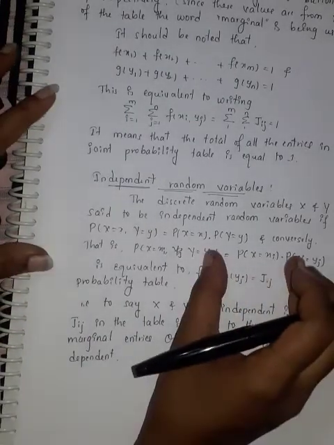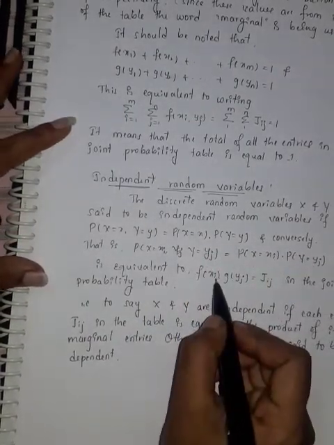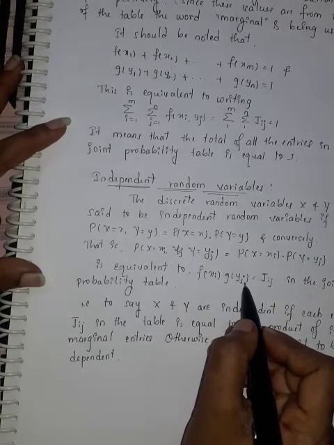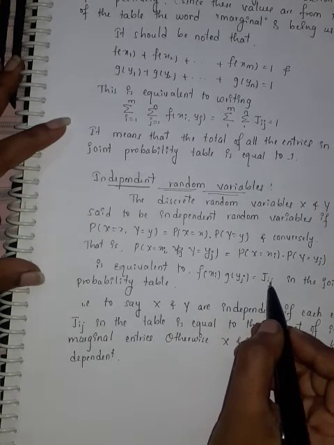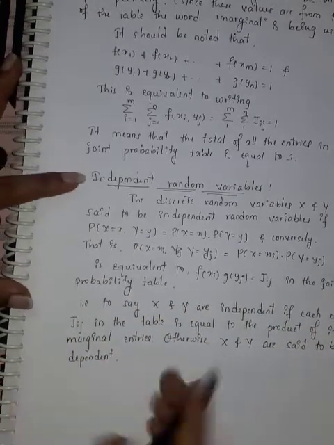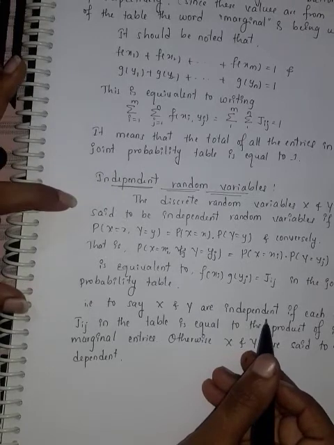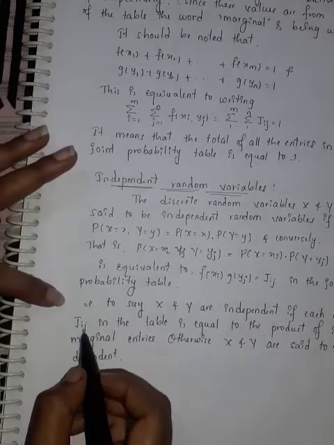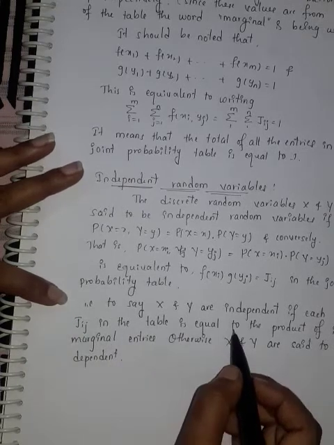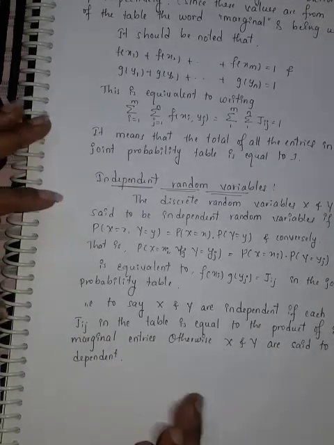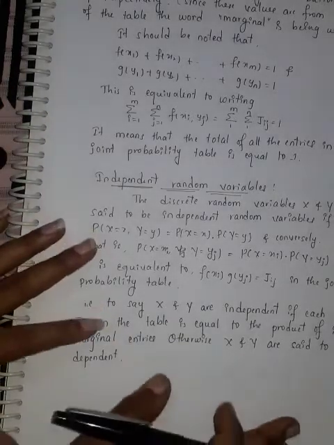So again this can be written as f of xi into g of yj equal to fij in the joint probability table. So X and Y are independent if each entry fij in the table is equal to the product of its marginal entries. Otherwise X and Y are said to be dependent.